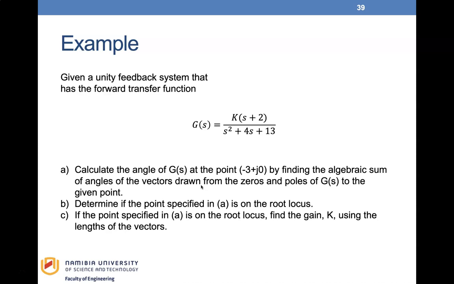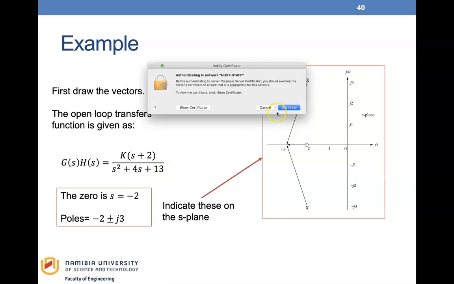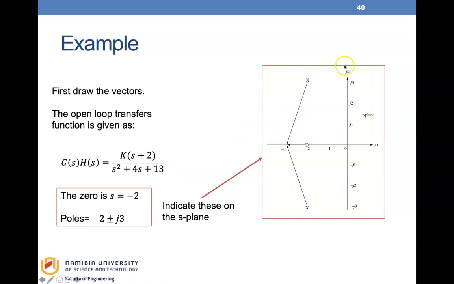The open loop transfer function is given as G(s)H(s), which is equal to K(s+2) over s squared plus 4s plus 13. Therefore, we have 1 zero at -2 and 2 poles at -2 plus or minus j3. We can then draw the vectors as shown in this figure.